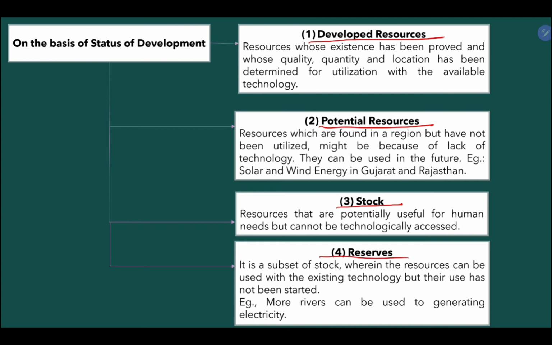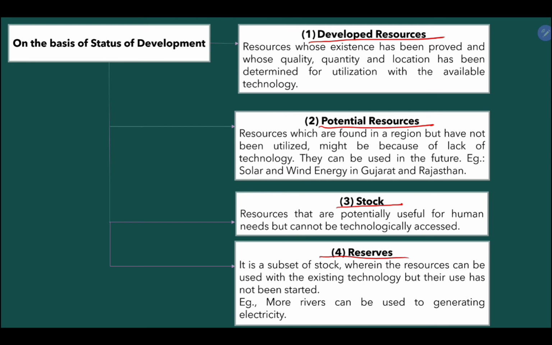Potential resources is somewhat typical. There is a capability of a resource in a particular territory or region, but there is no proven technology to access it. That is a potential resource. There was a potential for a resource, but it is not technologically accessed.